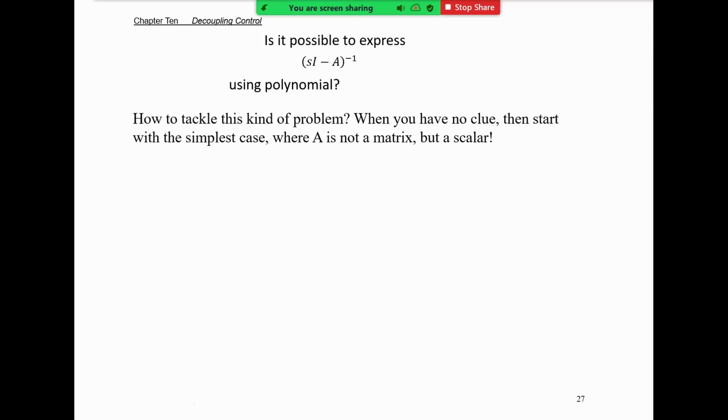How do we handle this kind of problem? Whenever you face such a problem and have no clue, a good lesson is to first figure out the answer for the simplest case. So what's the simplest case? That's where A is not a matrix, but a scalar.